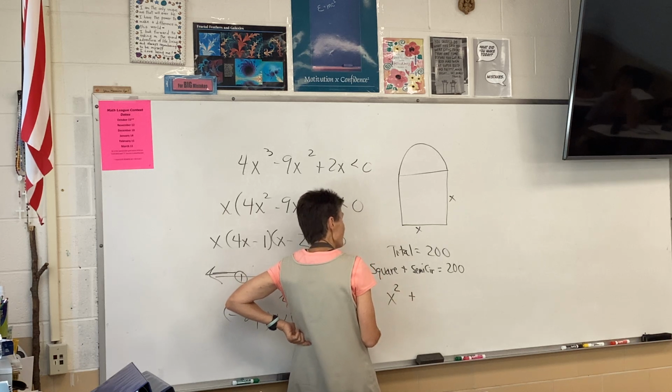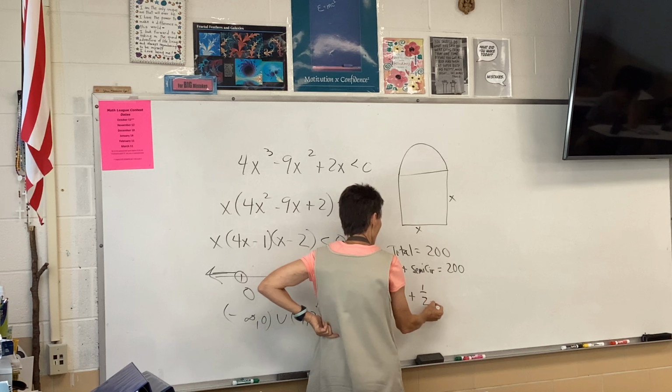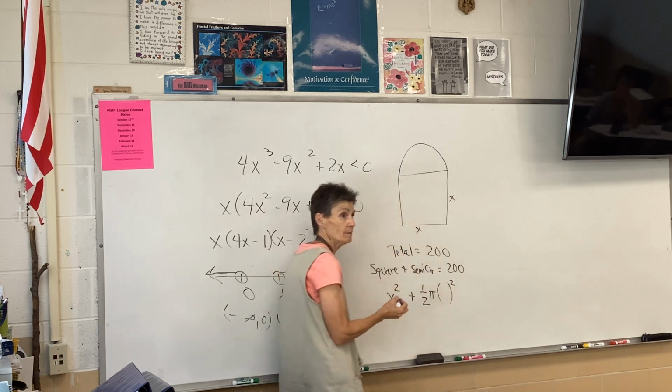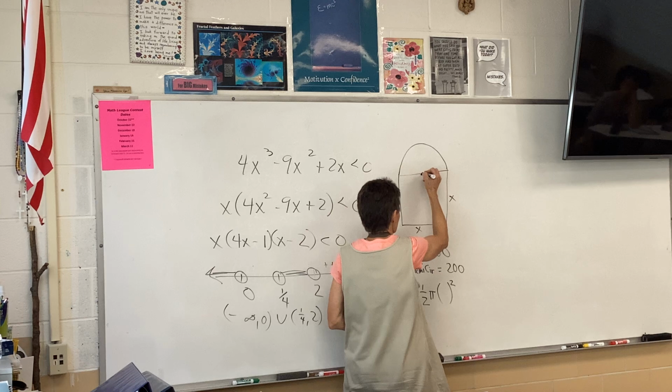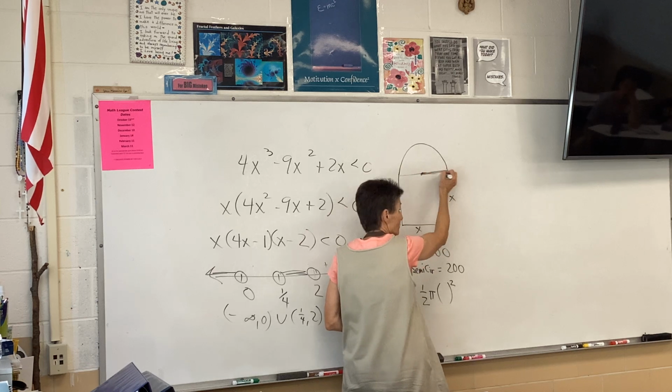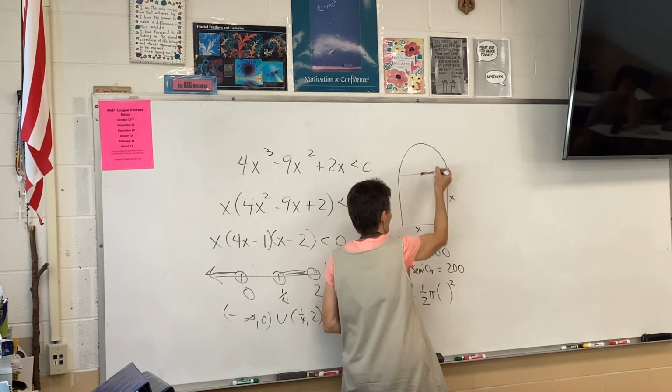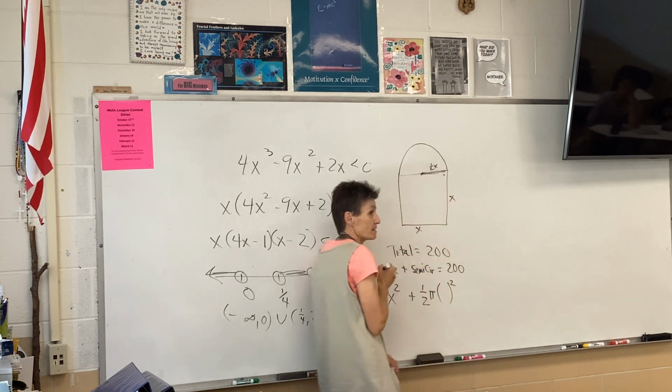And the area of the semicircle is going to be 1/2 pi r squared. And this is r, which is 1/2 of x.